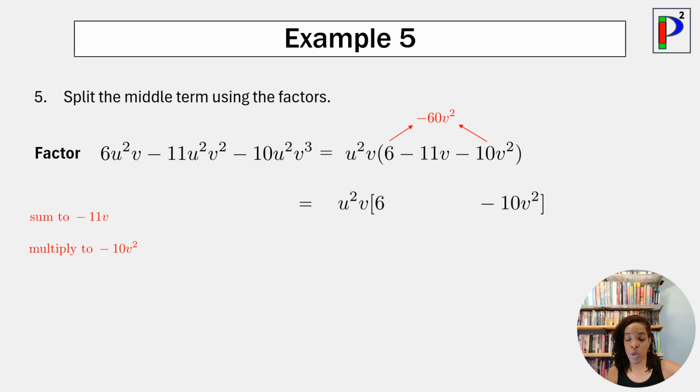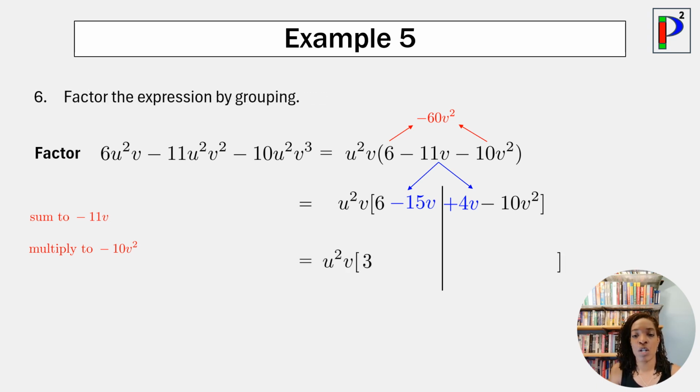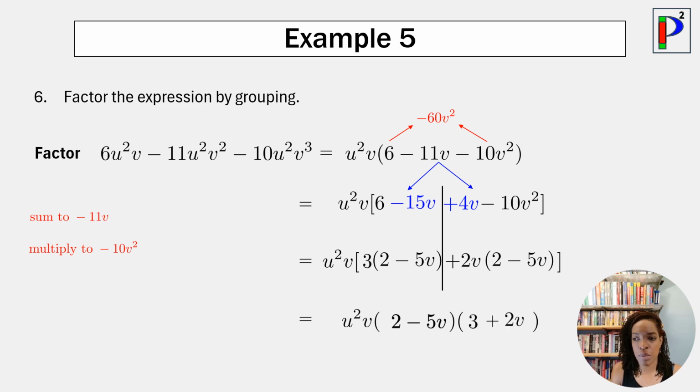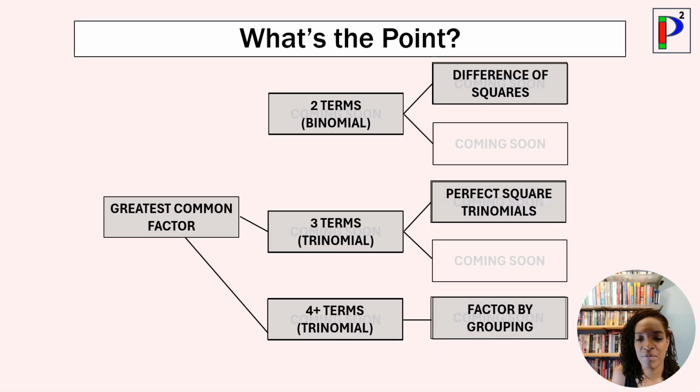I keep my u squared v outside, and I split that middle term, and now I'm ready to throw in my bar and group and factor by grouping. So I'm left with u squared v times 2 minus 5v times 3 plus 2v, and I'm done.